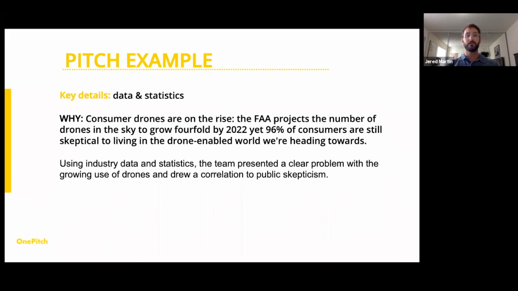Looking at the first key detail, this particular team used data and statistics to start off presenting their case. They not only identified the FAA and the number of projects that were growing, but also the risk or the issue related to consumers and how they were a little bit wary and skeptical of where this technology was heading.